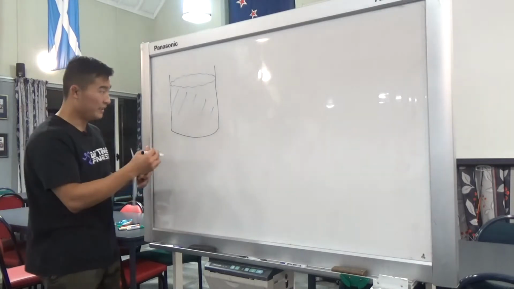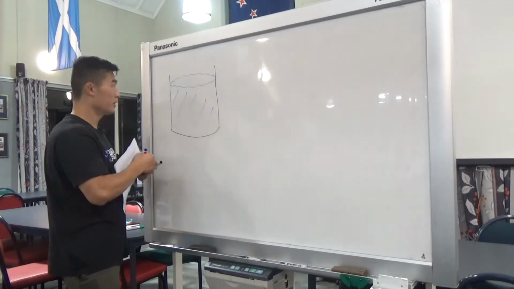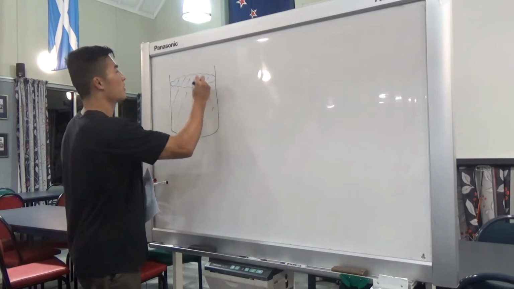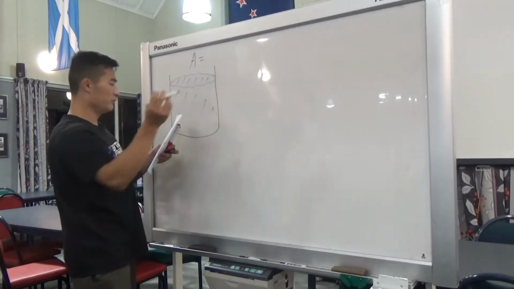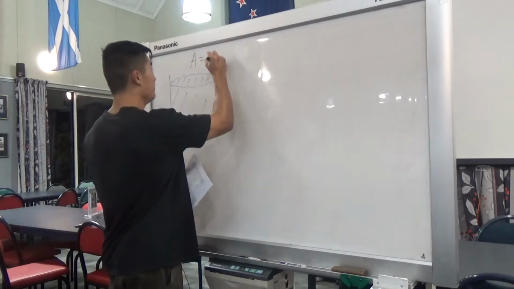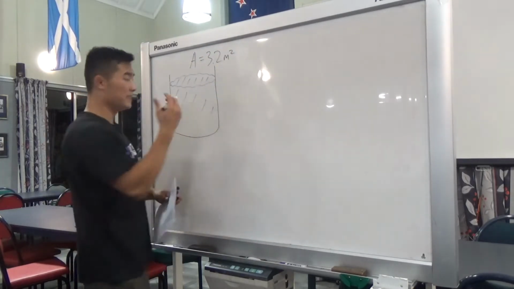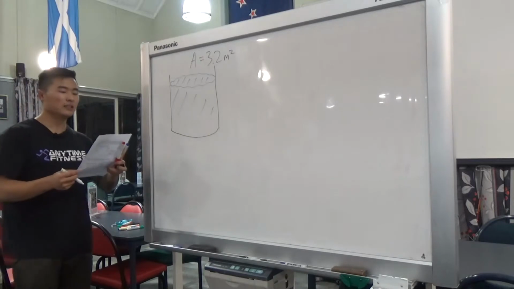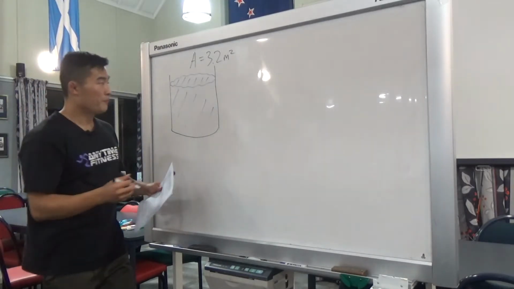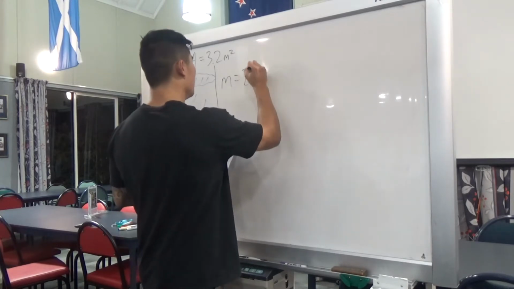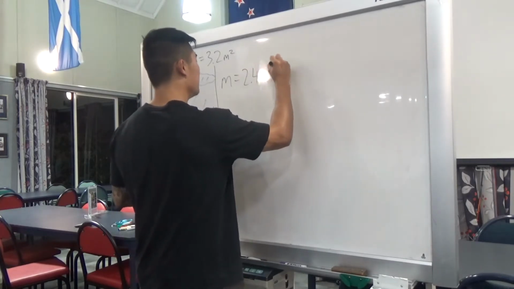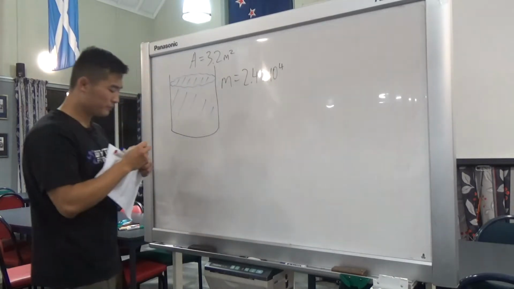And we know that the cross-sectional area is equal to 3.2 meters squared. So that's already in meters squared, so we don't have to convert that one. And the mass of the fluid is equal to 2.4 times 10 to the power 4.